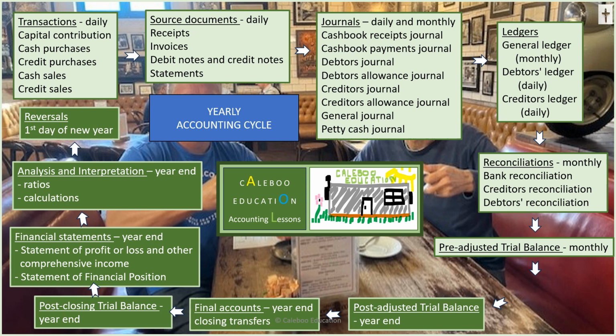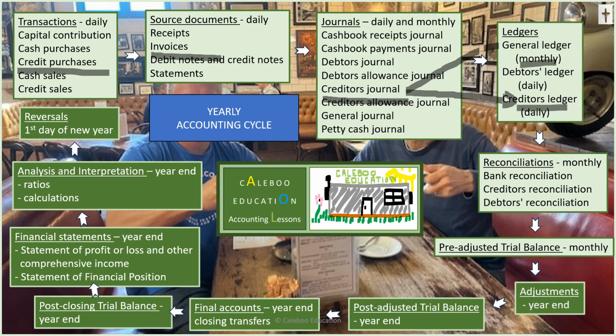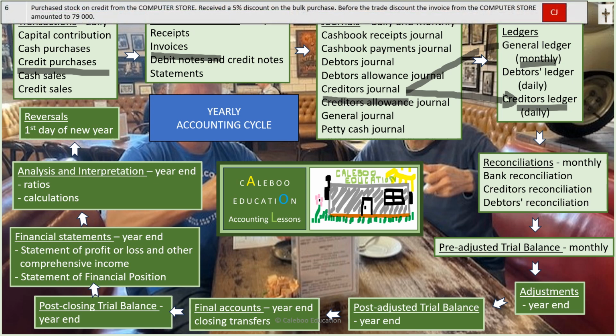To summarize this lesson, what we've been doing is looking at credit purchases. Invoices were used to record the transactions in the creditors journal. I looked at posting to the general ledger on a monthly basis. I looked briefly at the creditors ledger for the computer store. So we looked at the transactions.